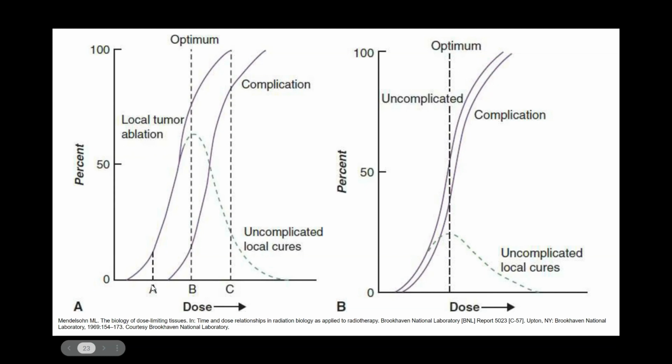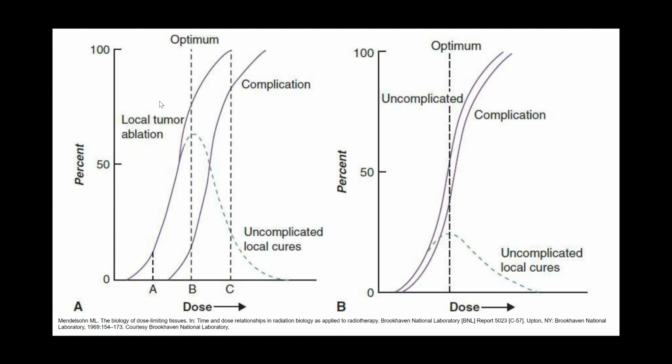If you look at dose A, we have no normal tissue complication here, but our probability of tumor control is also very poor. If you look at dose B, the complication percentage for normal tissues is less, while tumor control probability is quite high.